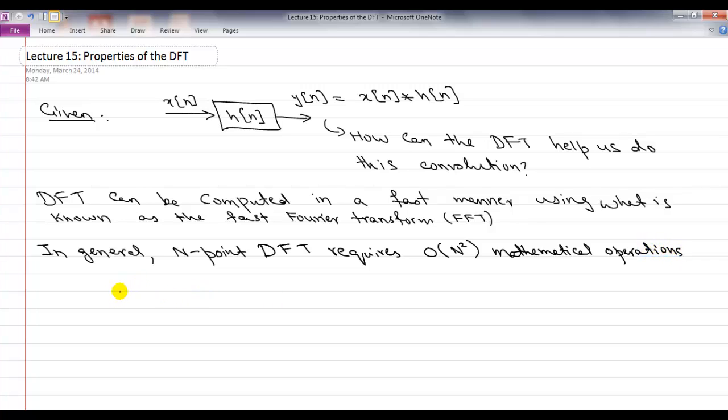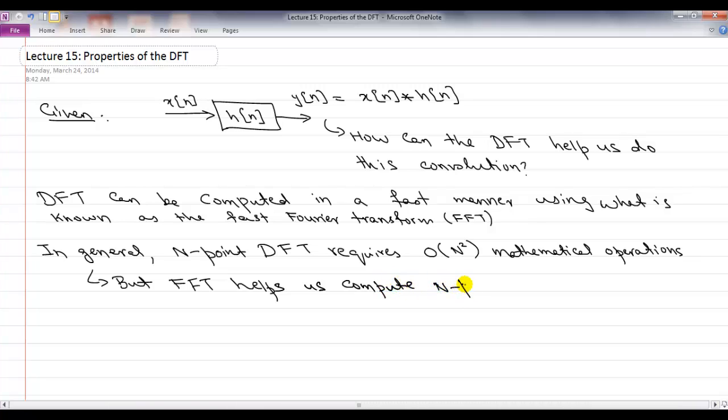But what the FFT does is reduce this complexity to almost linear in N. So the FFT helps us compute the N-point DFT in order N log N to the base 2 operations.